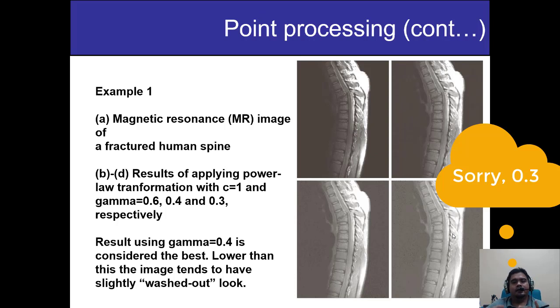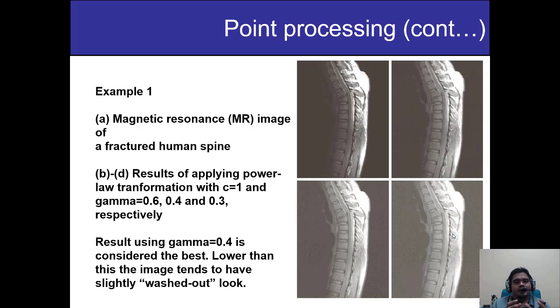So it's a very subjective observation. That is the difference between image enhancement and image restoration that you will learn after this, because in enhancement, this is the way we evaluate the performance of the system. It is a very subjective process.